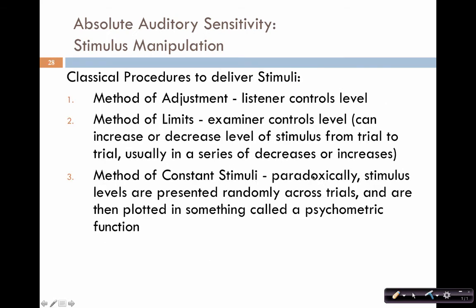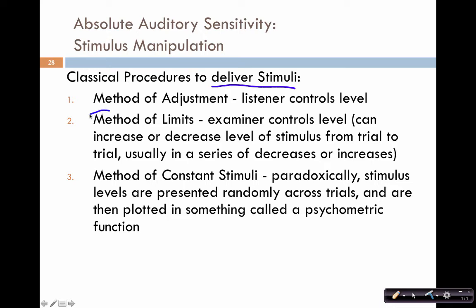All right, the next few slides will review, and really the rest of the slides here in part 2 simply talk about some of the classic procedures that audiologists potentially could use to present the acoustic stimuli. I'm going to present these three different kinds of methods that might be seen in an audiometric test environment.